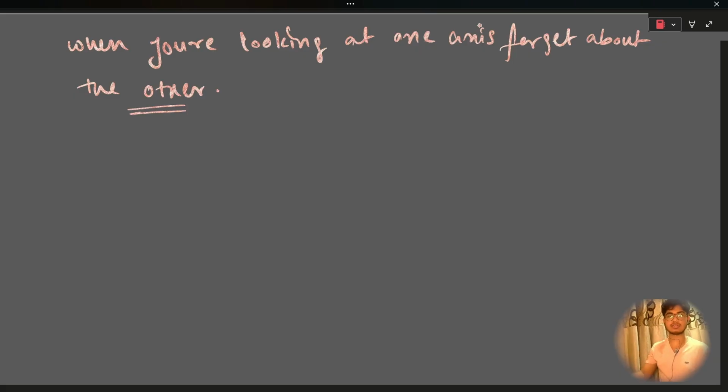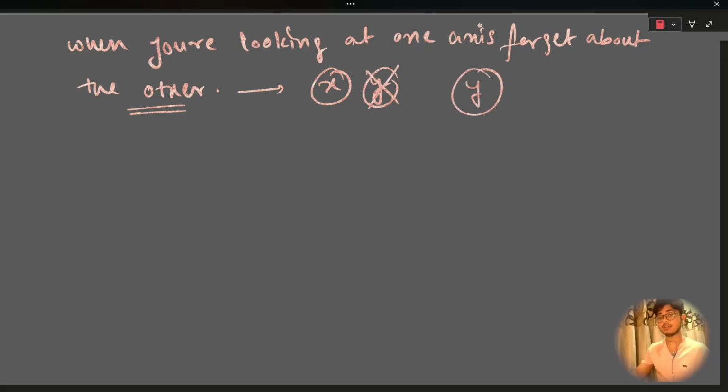Okay, it's like a relationship. When you're in a relationship with someone, just forget about the others. Similarly, if you are looking at x, forget about y. And when you're looking at y, forget about x. So this is a very important rule.